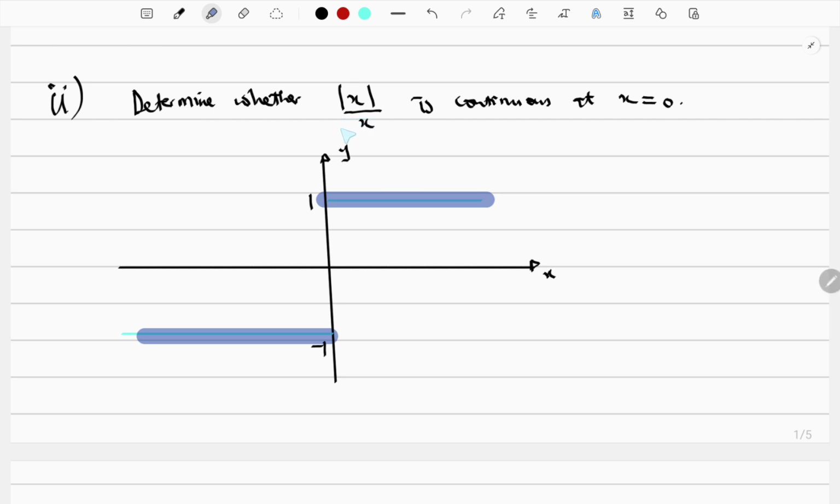So we can see that for this one, f of 0 is not defined. So for the first point, f of 0 is not defined.